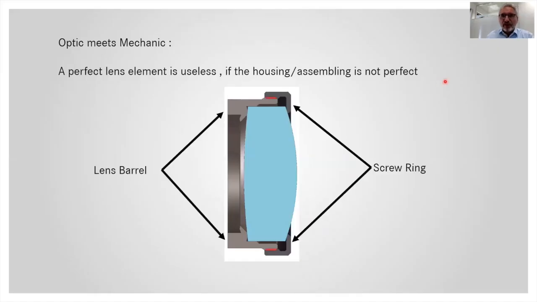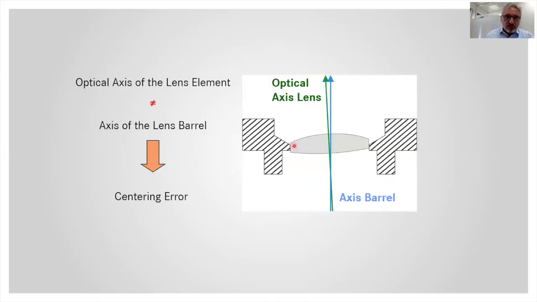The next part of the Leica Look is not only design. Of course, we have a certain concept in designing the lenses, but we also have to look at the production. The best lens design cannot perform if the housing and the assembly do not fit. Housing means the lens barrel, the fixtures, and all these things we need to implement within one lens. If the lens is decentered within the housing, it will stay a bad lens.